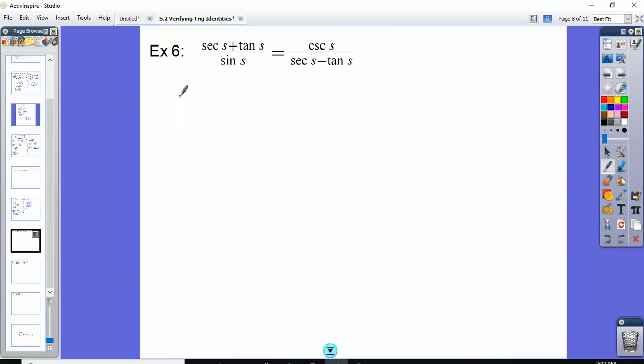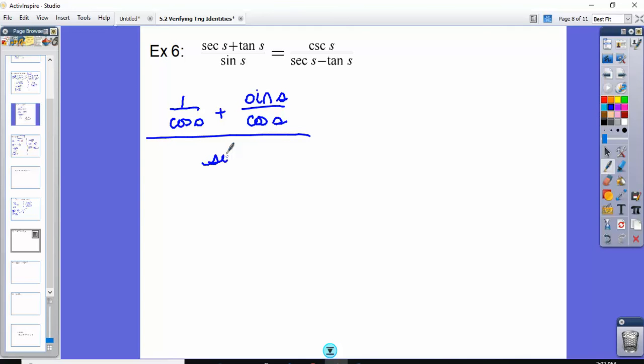Don't write this down. We could change secant to 1 over cosine, tangent to sine over cosine, divided by our sine. We can add these together because they have a common denominator.